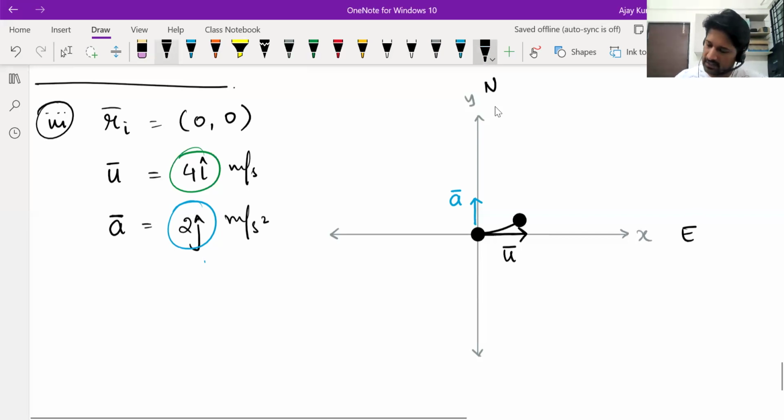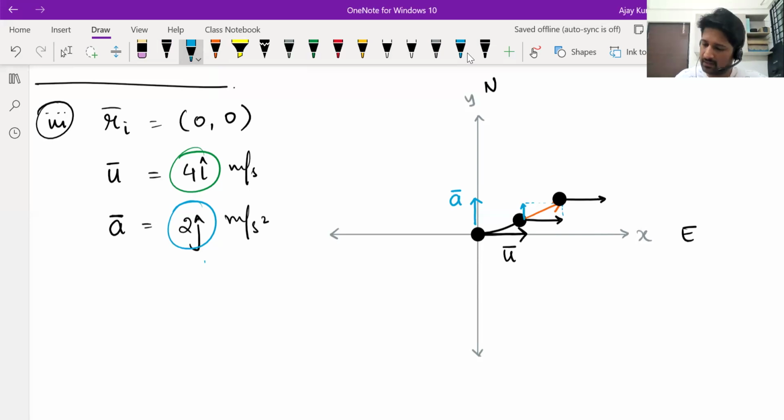It will have the same x component of velocity there, but it will now have a small y component of velocity, which it would have gained due to that acceleration. So effectively, x component, y component, the resultant velocity will be in this direction. At that moment, it's directed like this. But acceleration continues to act, means the y component continues to grow. Then at the next instant, let's say the particle moves to this position, the x component remains the same, the y component grows further.